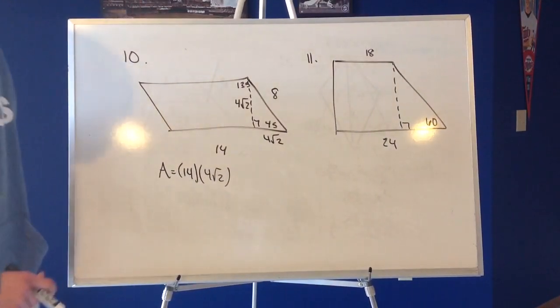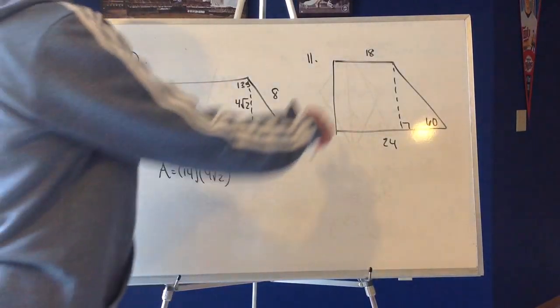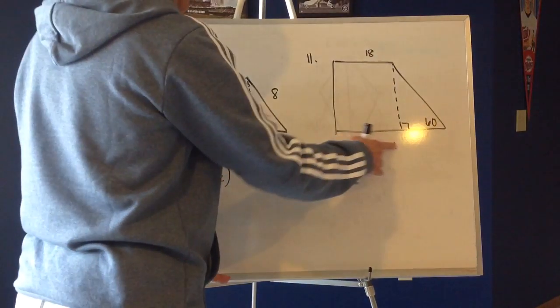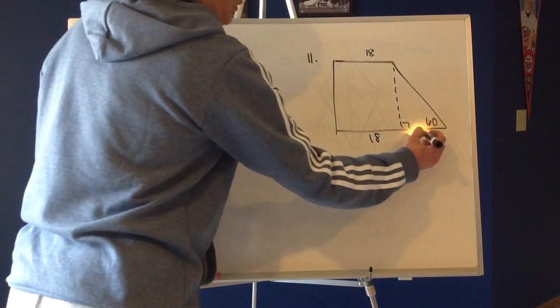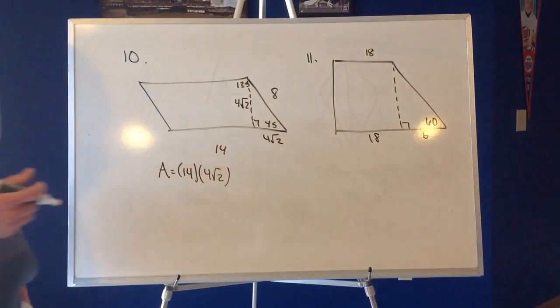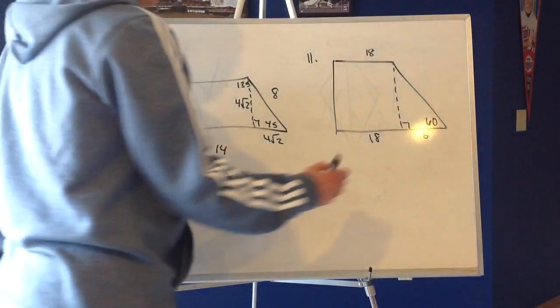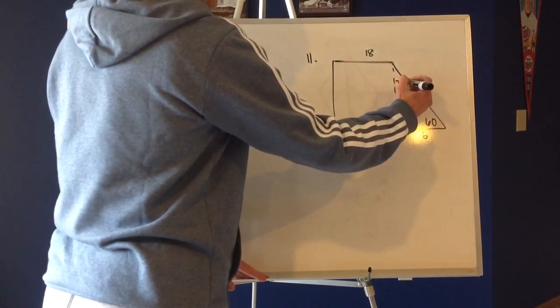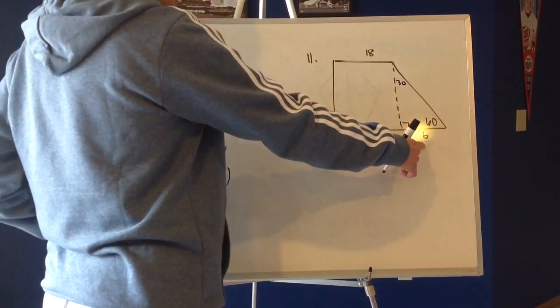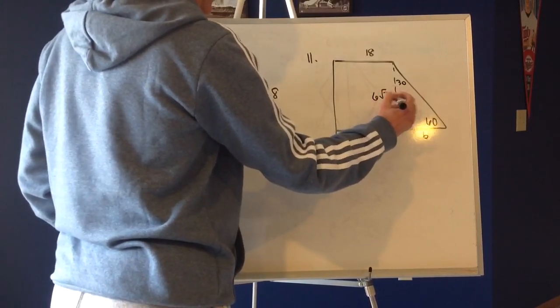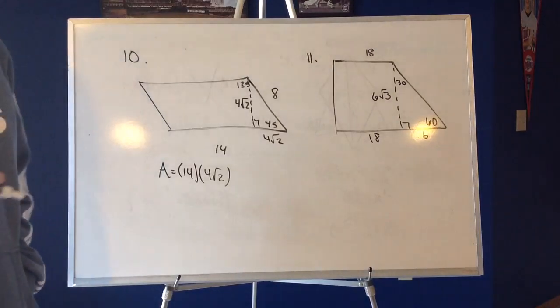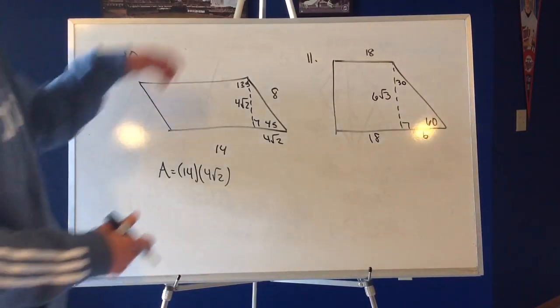Okay, the next one, you'll notice that if this is 18, then it means that this part of it must be 18 as well because of the rectangle, which leaves 6 left over for our triangle. Okay, so if this is the 60, that means this is the 30, so 6 is my short side, and then I would take short side times the square root of 3 to get my height, which is what we need for our trapezoid.